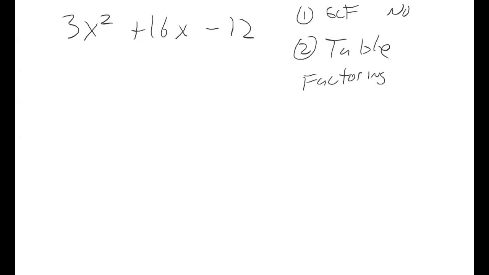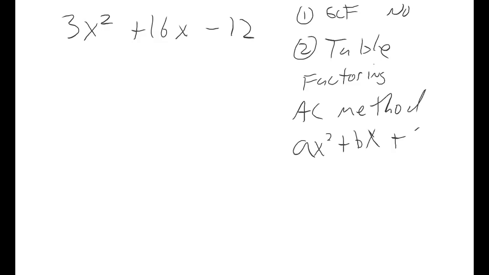I'm going to try to write out the notes as well as I can here, but I have them typed on the OneNote so you can see how things work. The reason this is called the AC method is if we rewrite the quadratic expression, we have ax squared plus bx plus c.